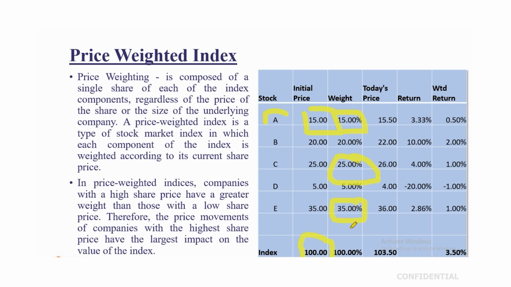So if a stock moves from 35 to 36, since its weight is more, the weighted return will also be higher. We'll see this in detail later on. But when the price of the higher-priced stock moves more, the index value will also move more.